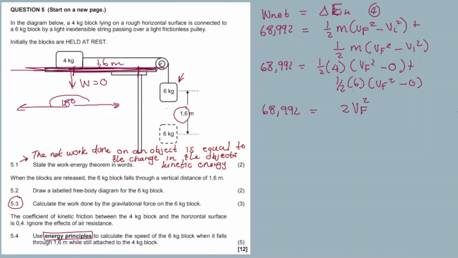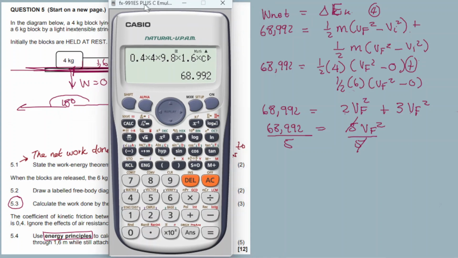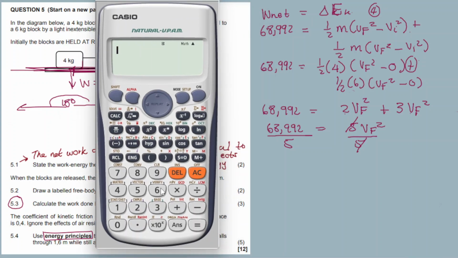Half times 6 is 3 times vf squared, plus 3 vf squared. So 68,992 equals, you can finish it now, it's just the maths that remains.